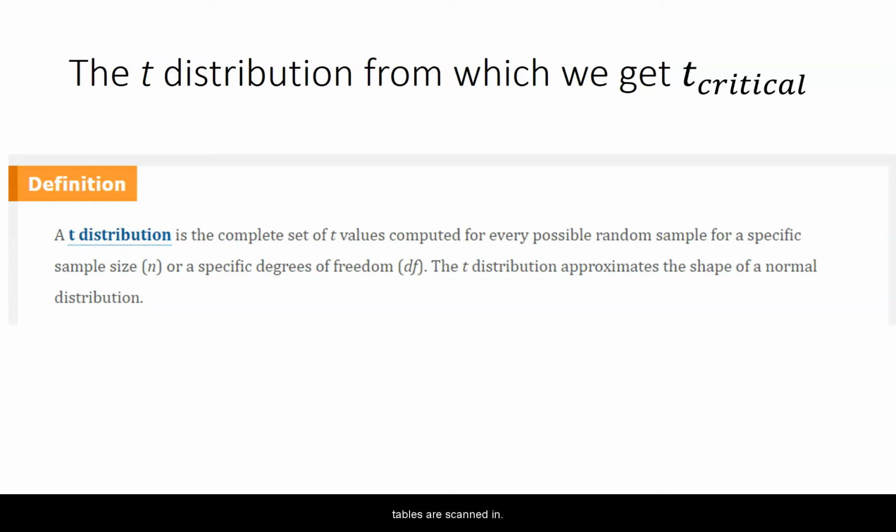And by the way, the tables are scanned in on D2L under the appropriate module there. They're on the bottom right. So this t distribution is a complete set of t values for every possible sample. Now let me take that back. This is a little bit of a fib. Some of the higher values are omitted, as you'll see. And when we omit a value, we go down to the next one to substitute for it. But we'll get to a couple problems that betray that.